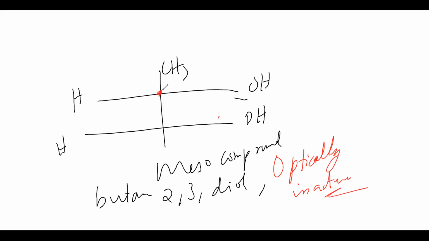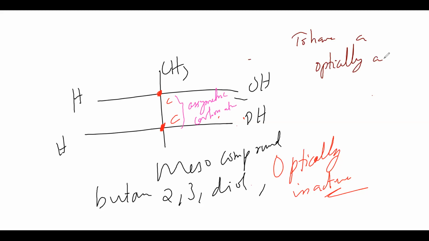Here we have a carbon compound with asymmetric carbon atoms. To find the number of optically active stereoisomers, we use the formula 2 power n minus 1, where n is the number of chiral centers.